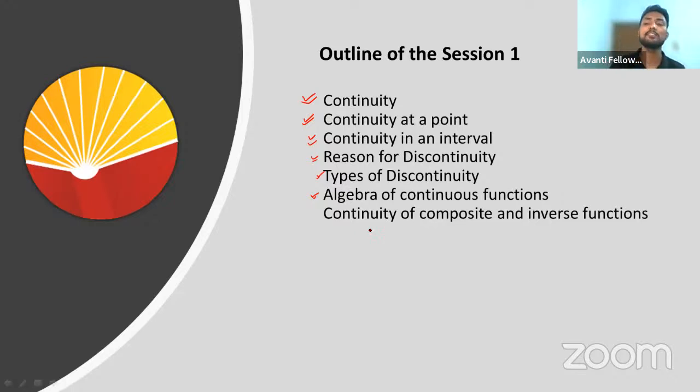So these things we are going to discuss today. It depends on you and my fluency, because in the last class I was about to finish types of discontinuity. Let's see how far we get, right?